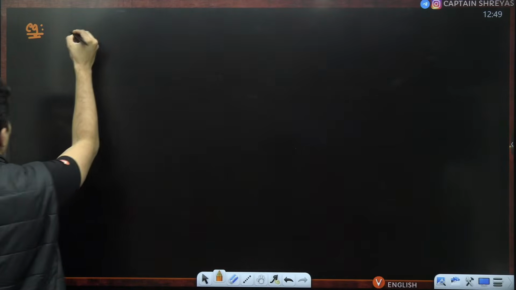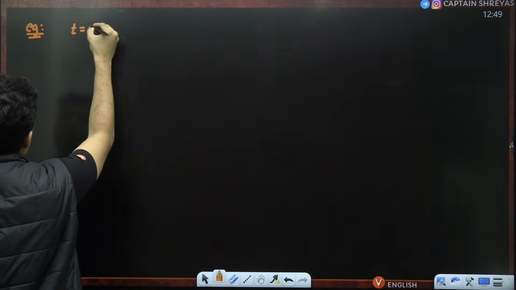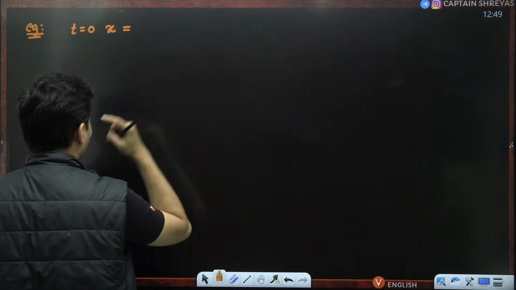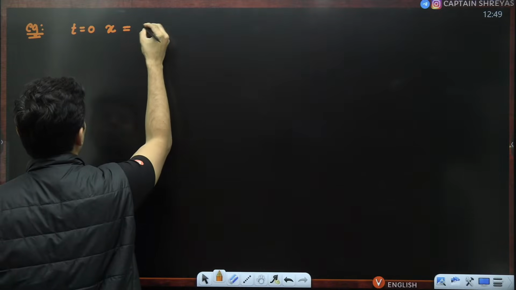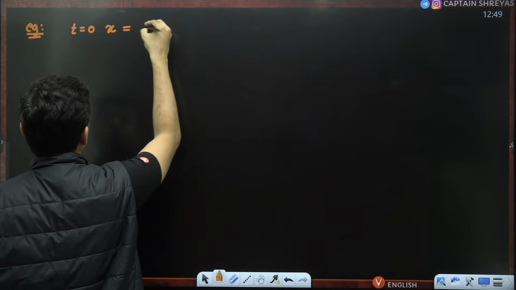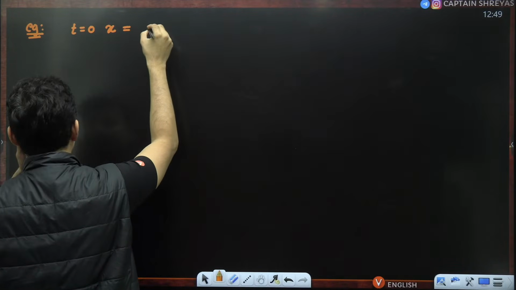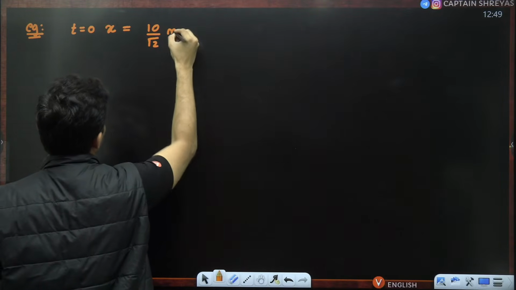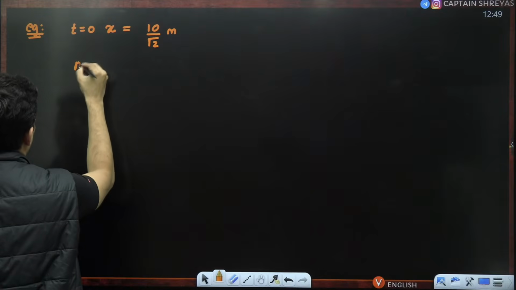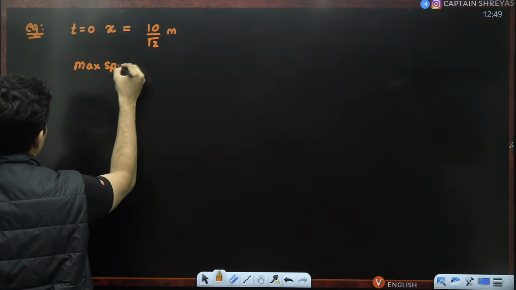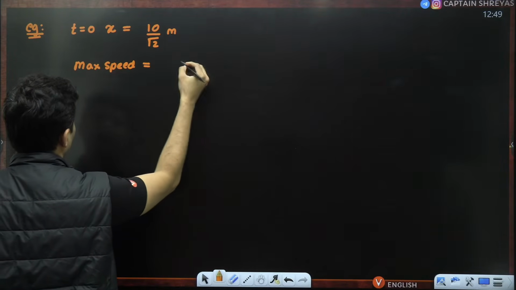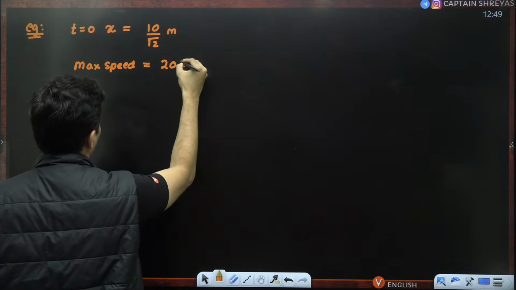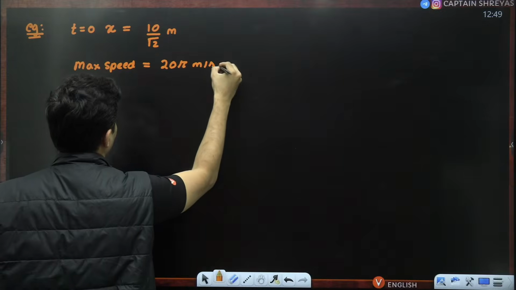Here it is. At t is equal to 0, x is equal to, let's say, 10 by root 2 meters. Maximum speed is 20 pi meters per second.